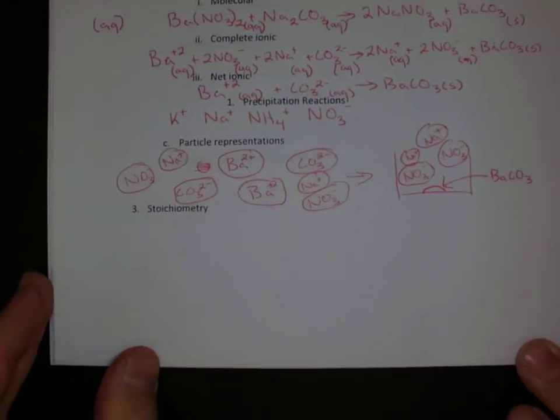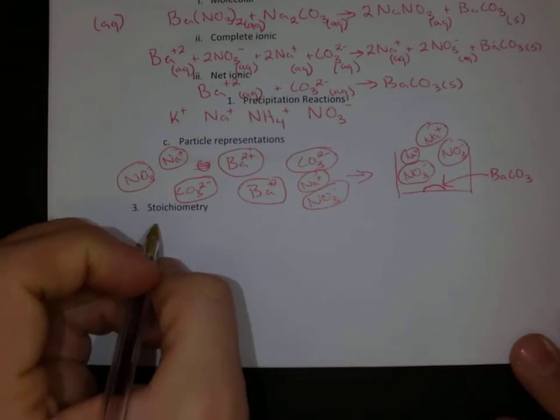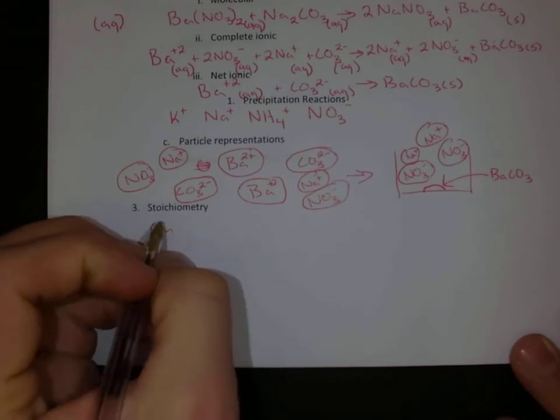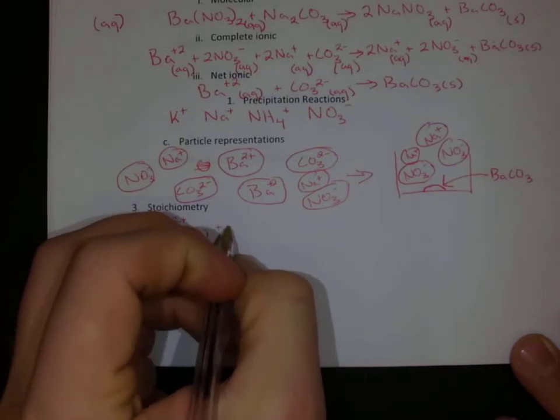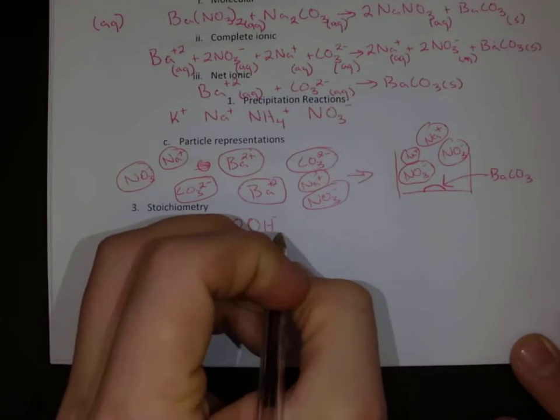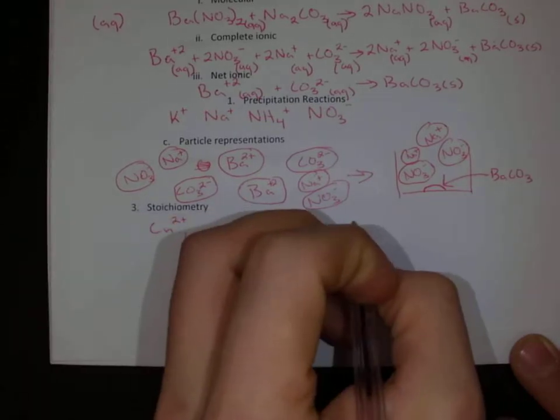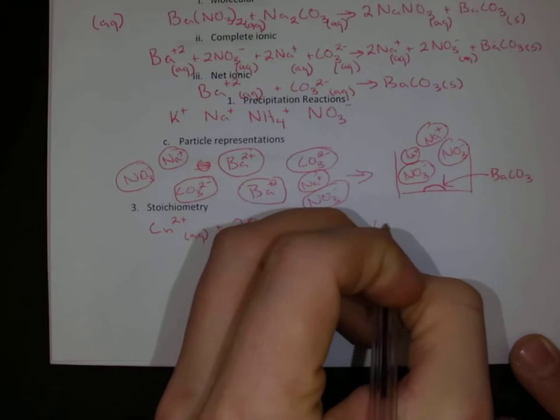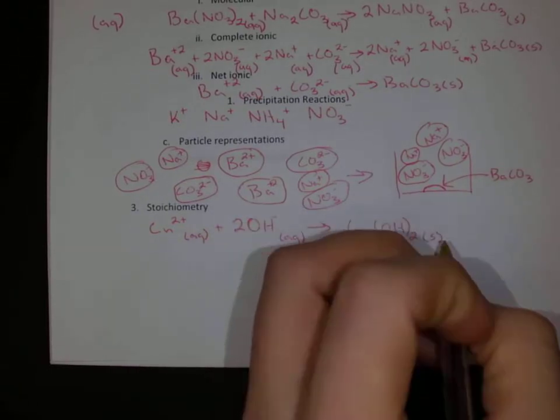So within our stoichiometry here, what I'm going to do is use a different reaction, okay? So if I had Cu2+ aqueous, and two OH- aqueous, they could form copper hydroxide, okay? And this would be a solid.